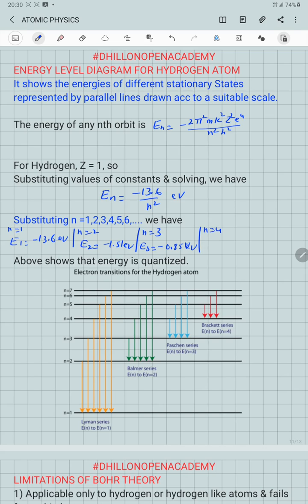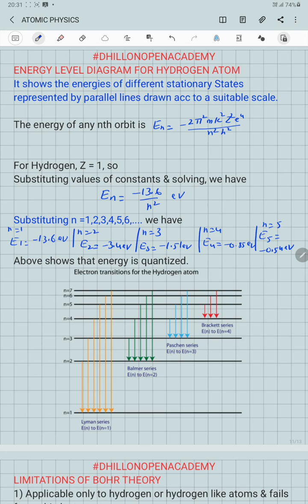If n is equal to 4, energy in the fourth level will be minus 0.85 electron volt. And if n is equal to 5, energy in the fifth level will be minus 0.54 electron volt, and so on.